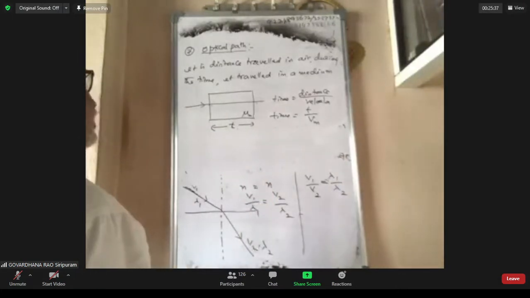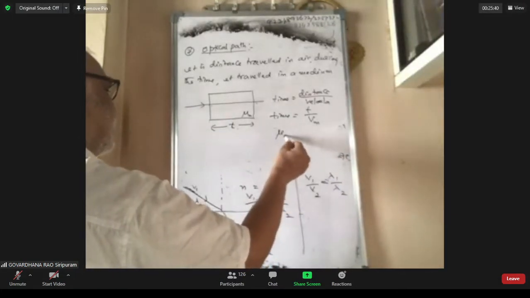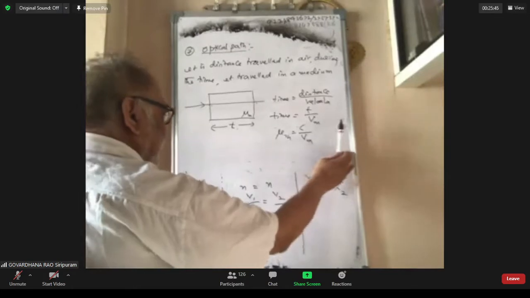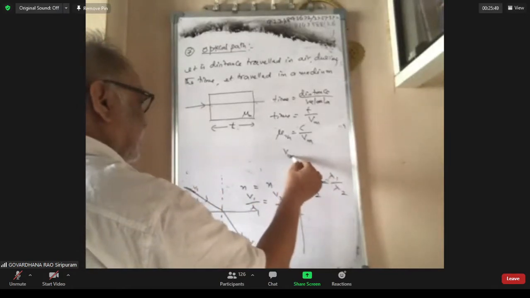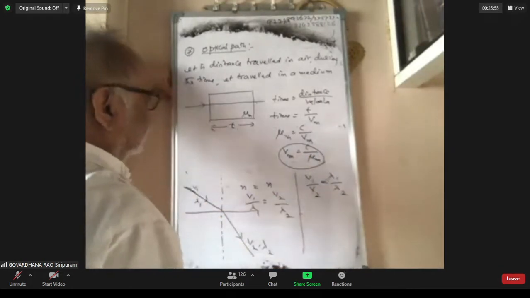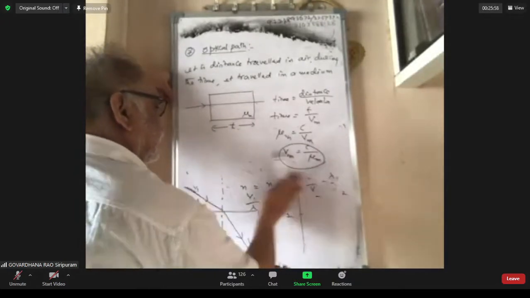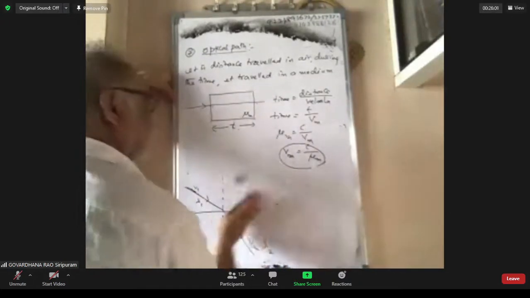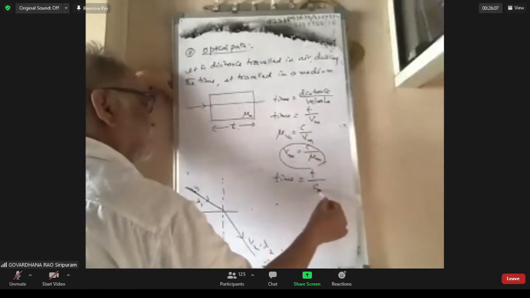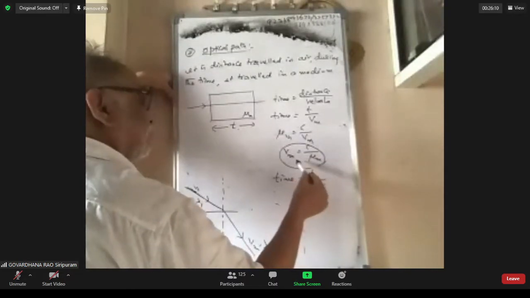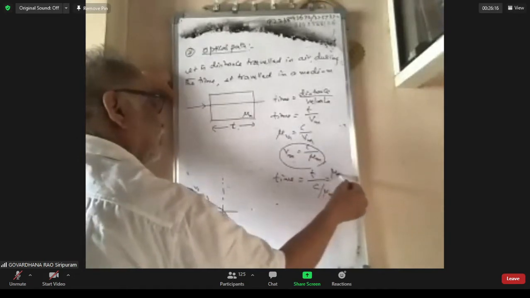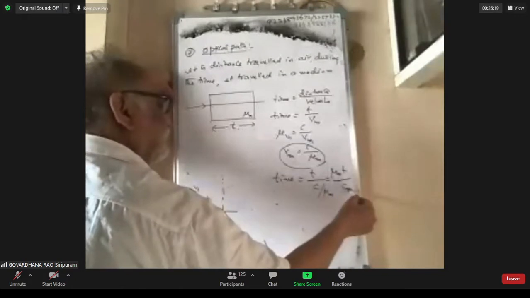The refractive index of the medium is velocity of light in air by velocity of light in medium, so velocity of light in medium is c by mu m. Now substitute: time is T by Vm, and Vm is c by mu m, so time is mu m into T by c. Is that right?